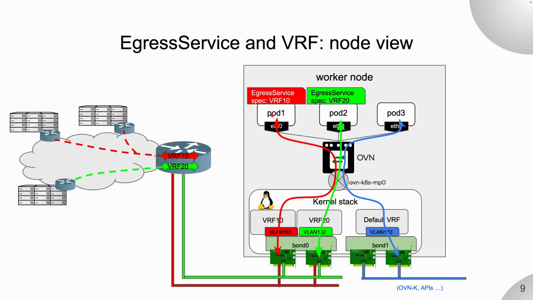All of the packets getting in and out of pod 1 with a destination outside of the cluster network are going to be forced via VRF10. And this is how you achieve traffic segregation between pod 1 and pod 2 for external traffic. All of the traffic will go directly to the pod with the egress service with the spec VRF10.